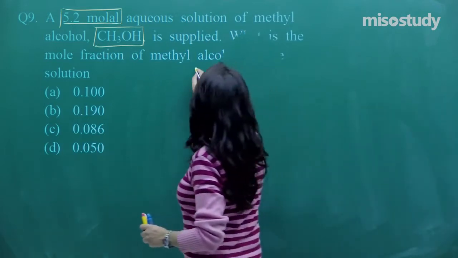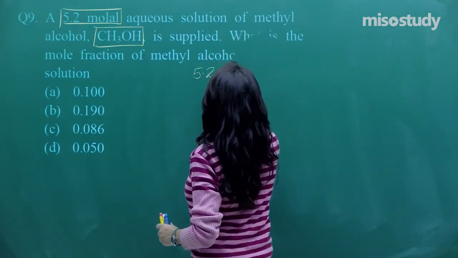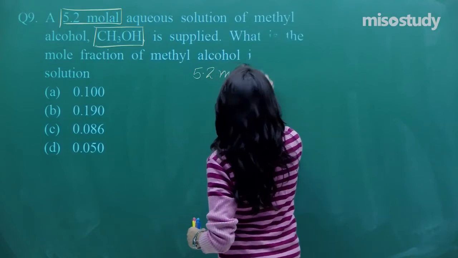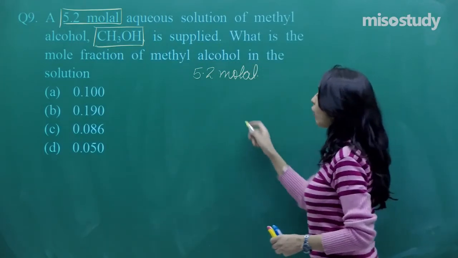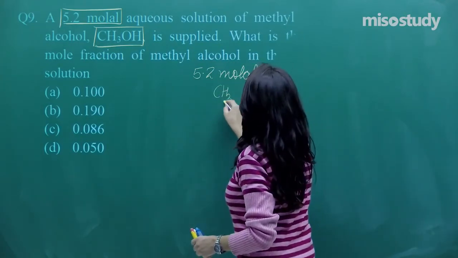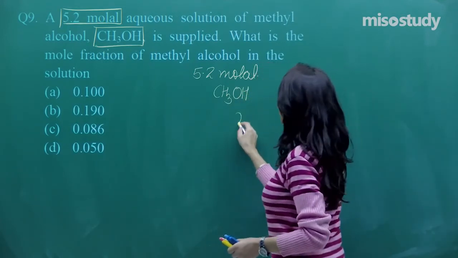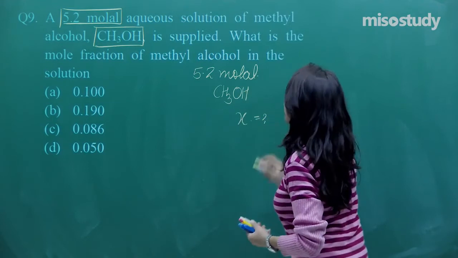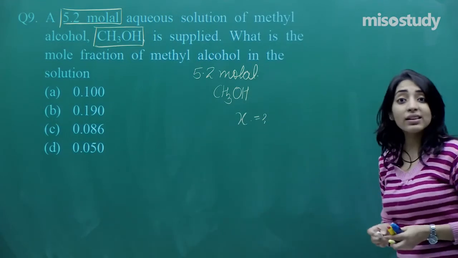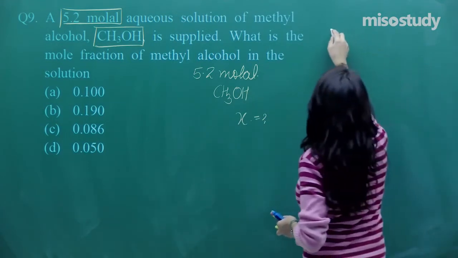Okay, so we are having 5.2 molar solution of CH3OH. Okay, and I need to calculate the mole fraction. So guys, how can I calculate the mole fraction? We know, right?